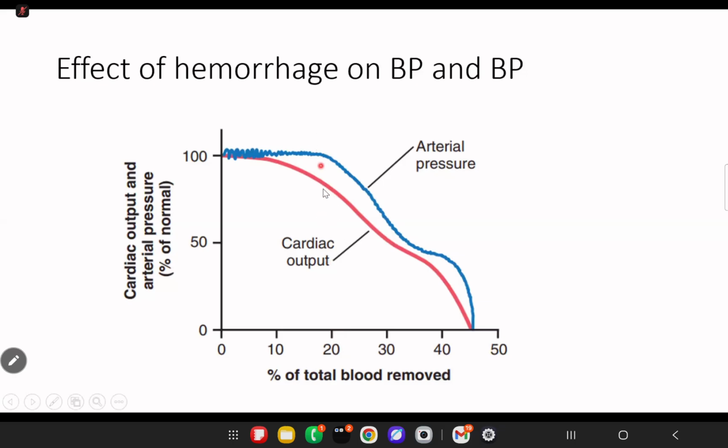Your compensatory system seems to fail beyond around 20% blood volume loss. So arterial pressure starts dropping dramatically until around here, when the body seems to be putting up a final effort trying to preserve your pressures, even though it's 50% of your normal, and then it will simply go down.